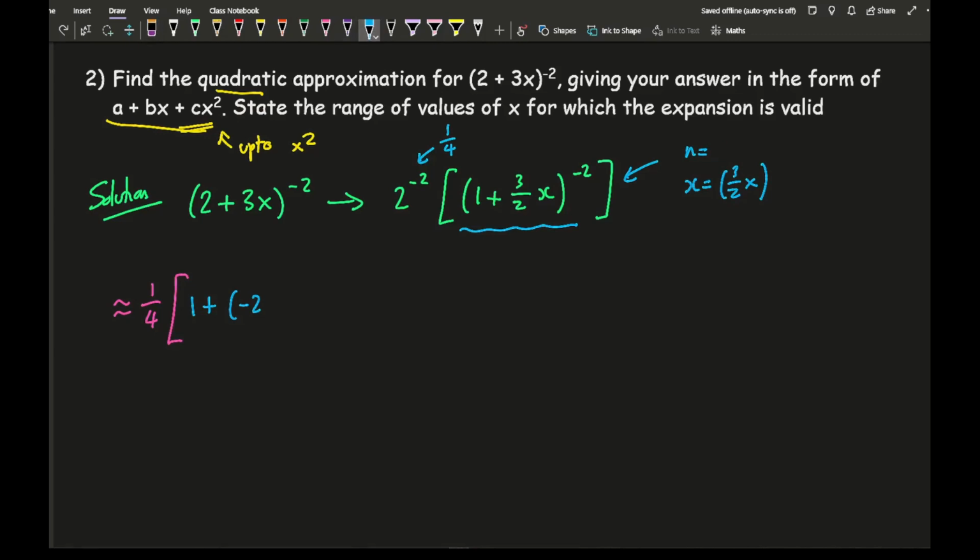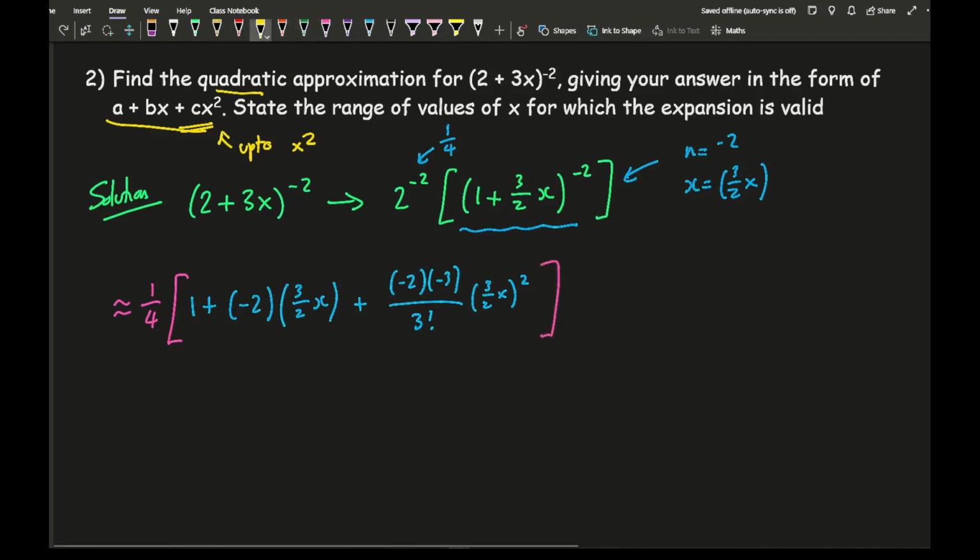So minus 2, and then I've got positive 3 over 2x, plus minus 2 minus 3 over 3 factorial, and then I've got 3 over 2x squared. Now I don't need to go any further because I want just the highest coefficient of x squared. I want, well, the highest degree of x I want is x squared.